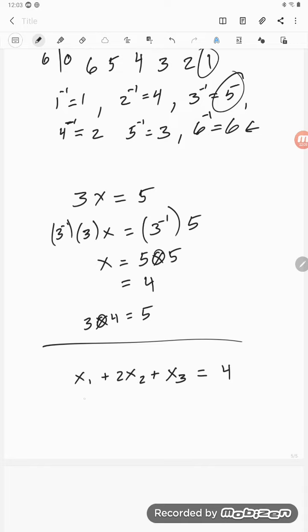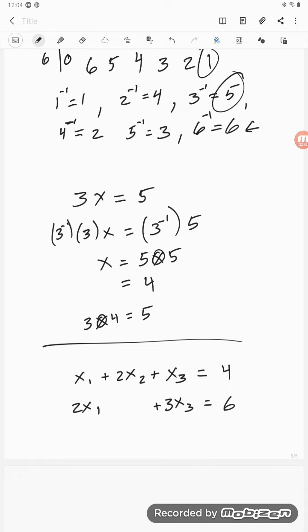And then how about we go with 2x1 plus 3x3 is equal to 6. And I wish to solve that. Well, it works kind of that same way we did before. I just want to take multiples of various rows, add them together to try to get rid of some things.